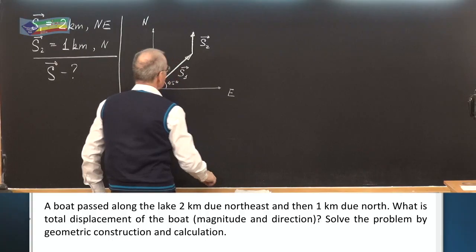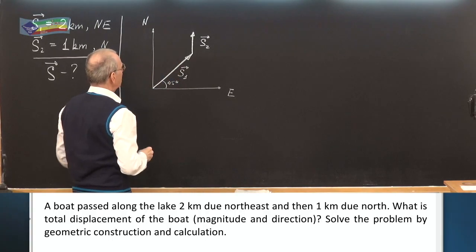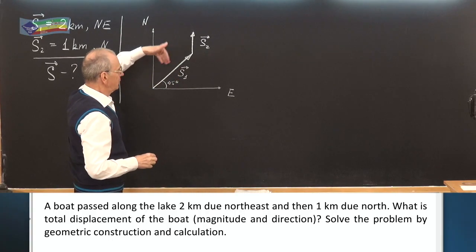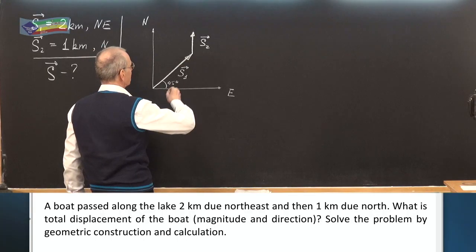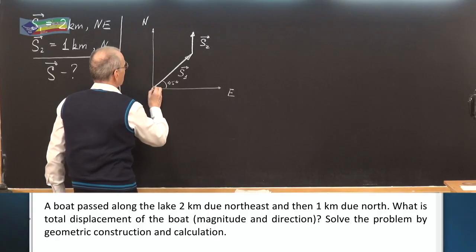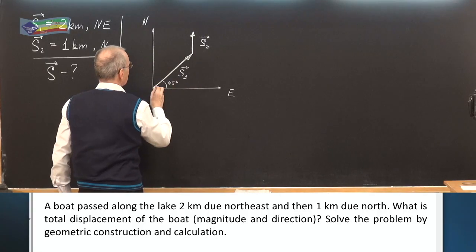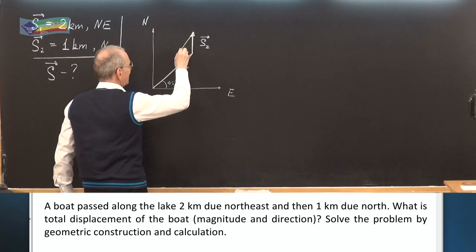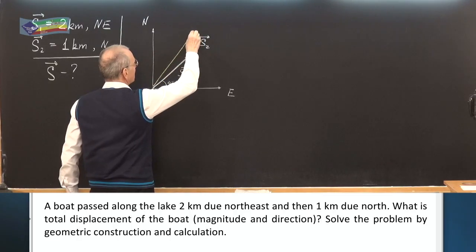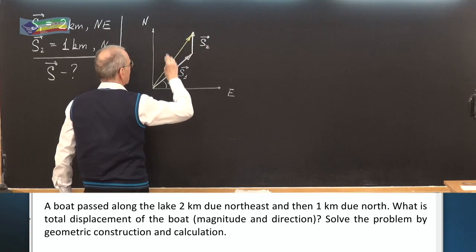So the resultant displacement is the sum of these two vectors, and we use the triangle method of addition of vectors. The tail of the first vector we connect with the head of the second vector.